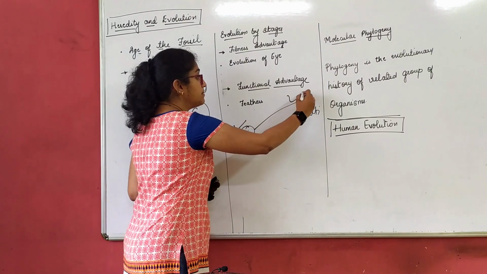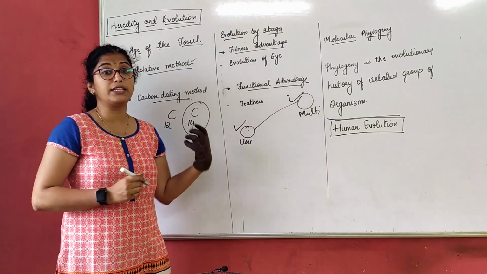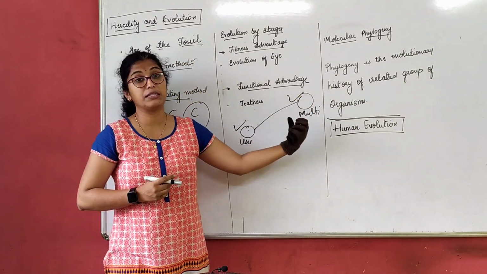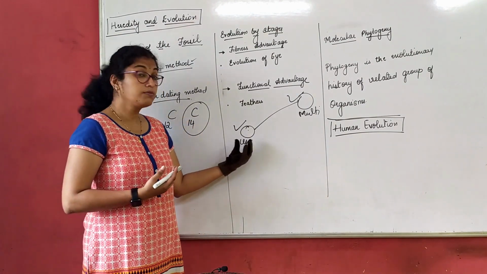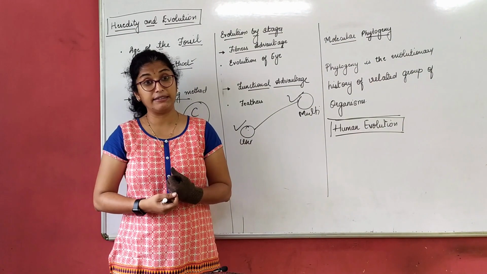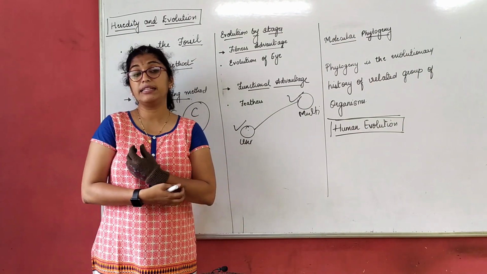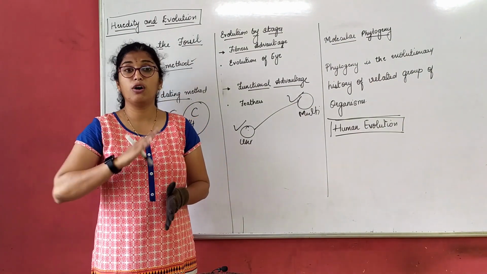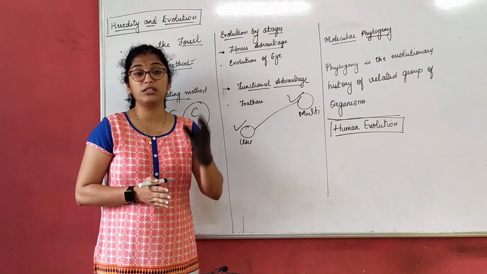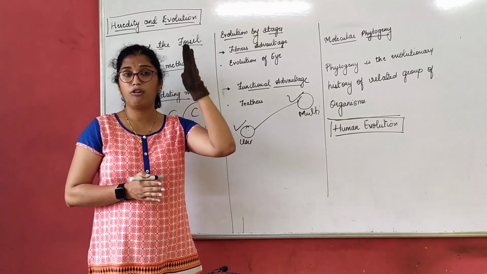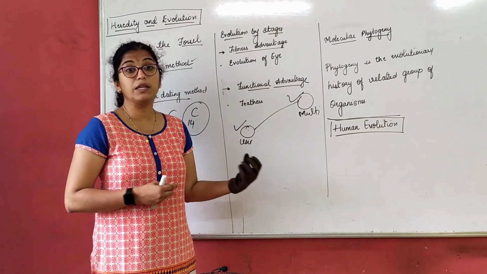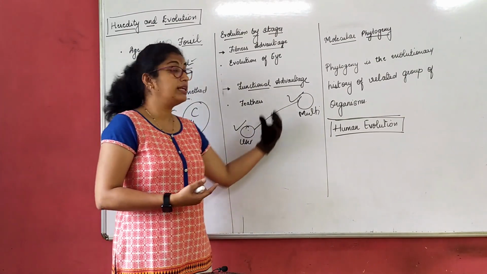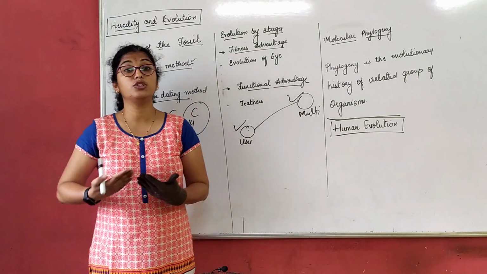Each organism at its level has done the best to evolve in whatever ways possible. For example, there are so many bacteria, right? These bacteria are able to survive in all types of given conditions. They can survive from the hottest region to the coldest region, correct? But when it comes to human beings, it is not possible.